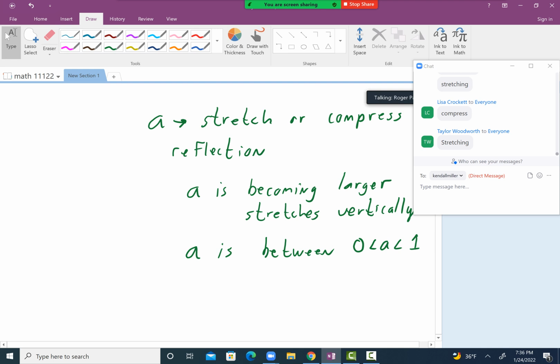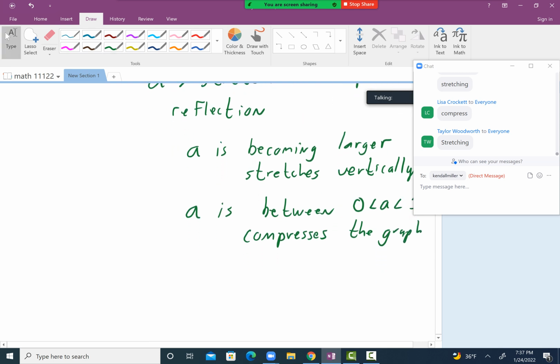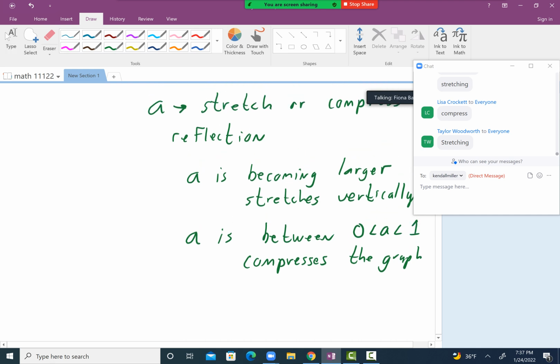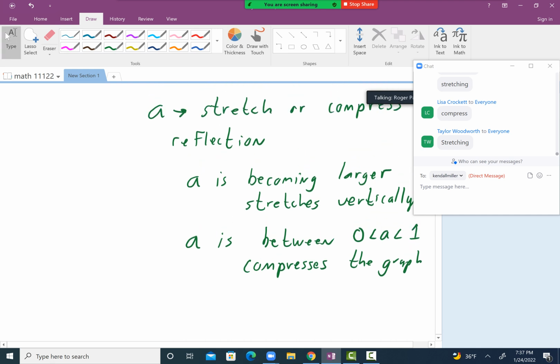If A is between 0 and 1, it compresses the graph. At 0, it's flat. Yes, 0 is flat, you're right. That's why I didn't want it to be exactly 0, so I stayed away from that. 0 is just flattening it.